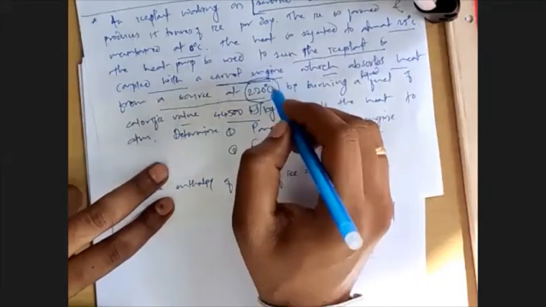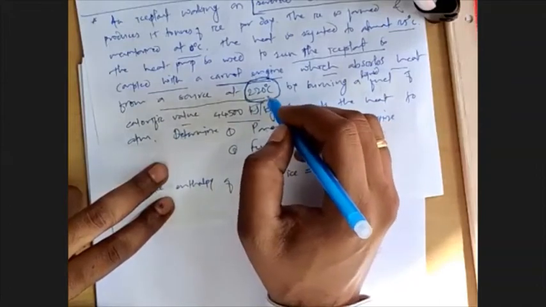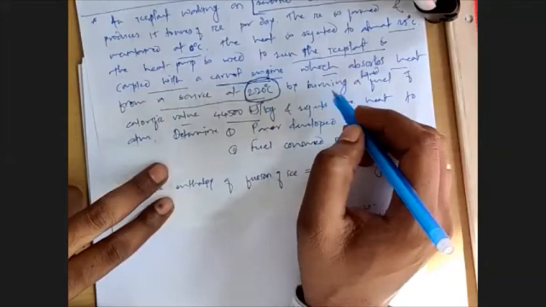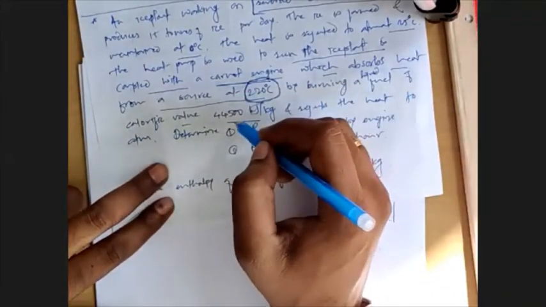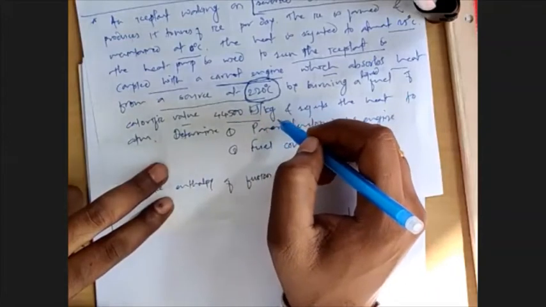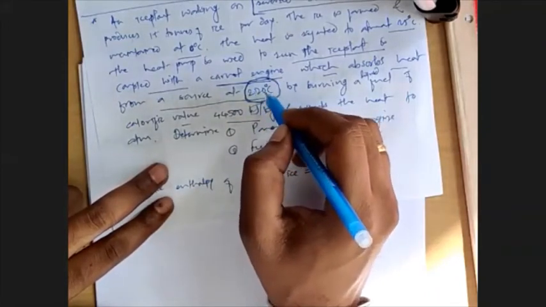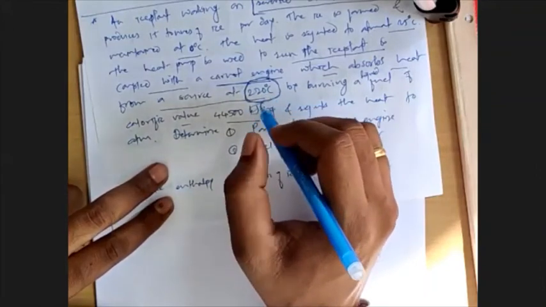So they have given the source temperature, and to maintain that temperature, the liquid fuel of calorific value 44,500 kilojoules per kg is being burned. Okay, calorific value we have discussed in the last lecture.